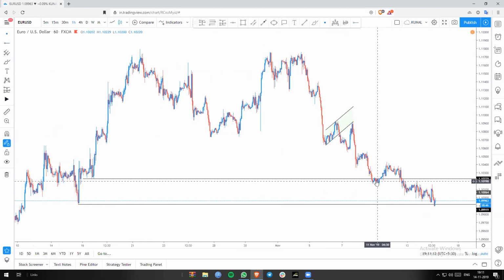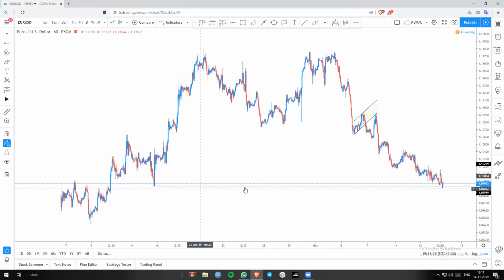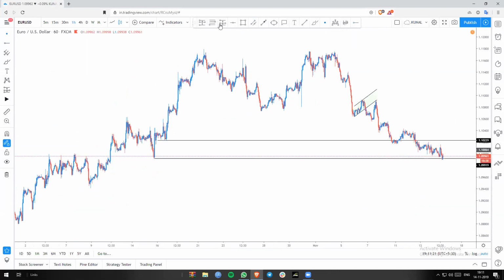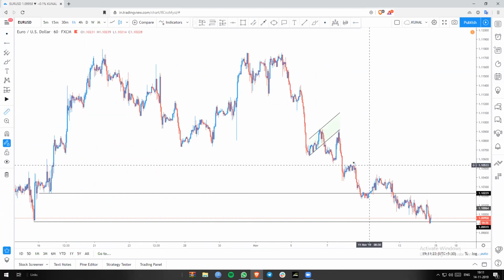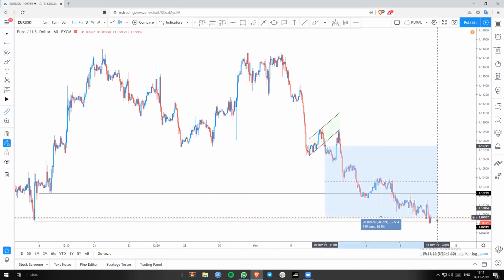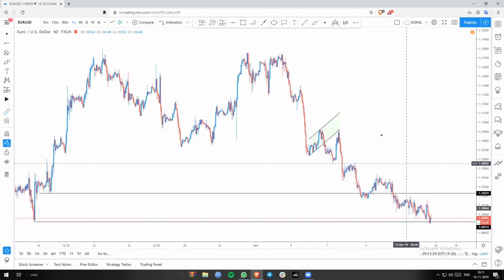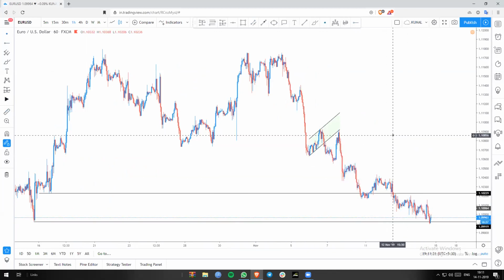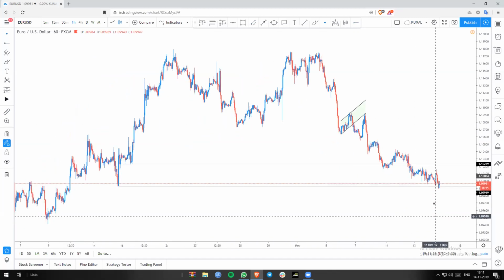Then we had a retracement and still came down to the next take profit level. Guys, this was a massive trade. If you took this, congratulations, because if we count the pips, it's like 80 pips. 80 pips on EU is really good. That's the level we are holding right now.